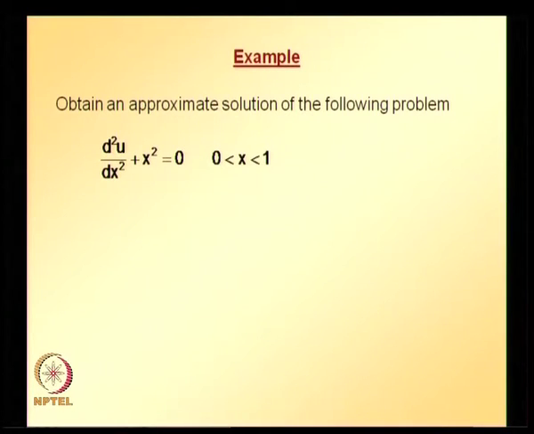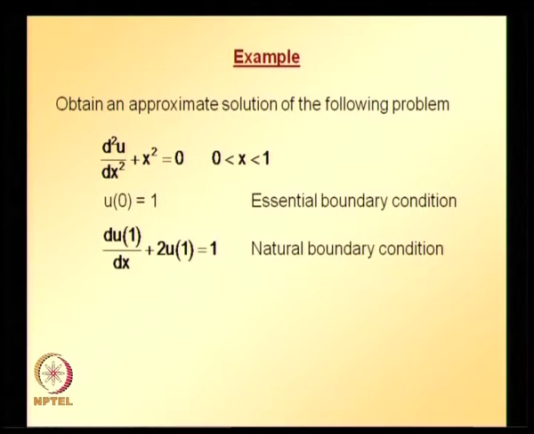The boundary value problem that I am choosing is this one: the second derivative of u with respect to x plus x square is equal to 0, and that condition needs to be satisfied over the domain 0 to 1. Again, this is a second order boundary value problem, so we require 2 boundary conditions, and here mixed boundary conditions are given as in the previous example, that is, you have a combination of an essential boundary condition and a natural boundary condition.